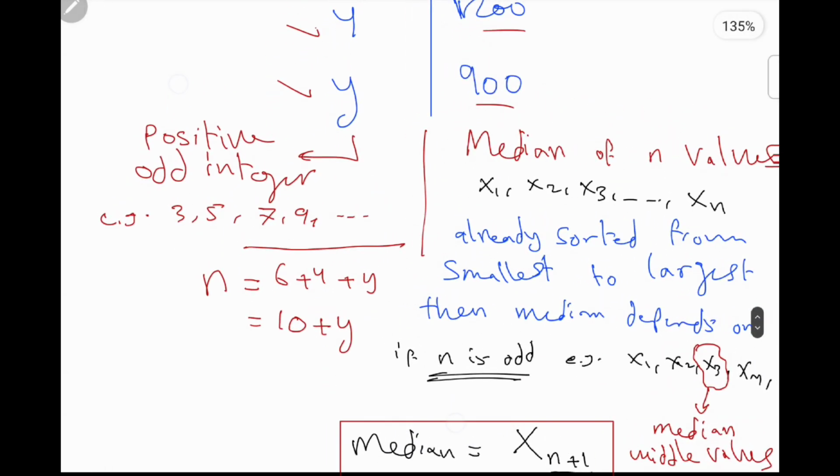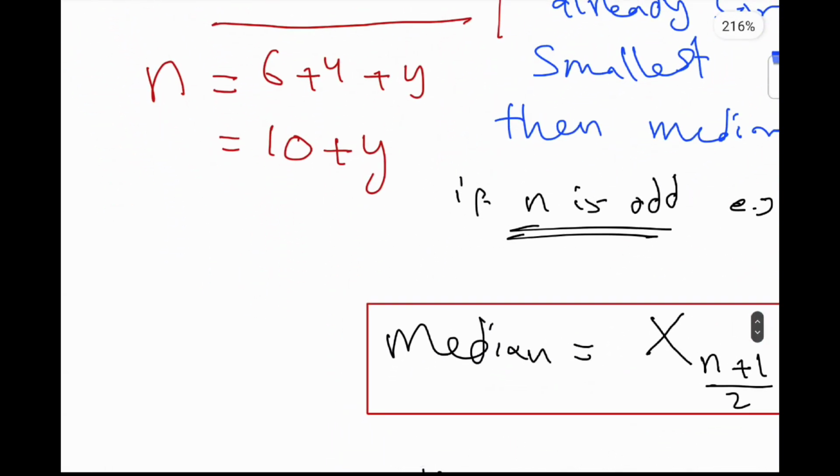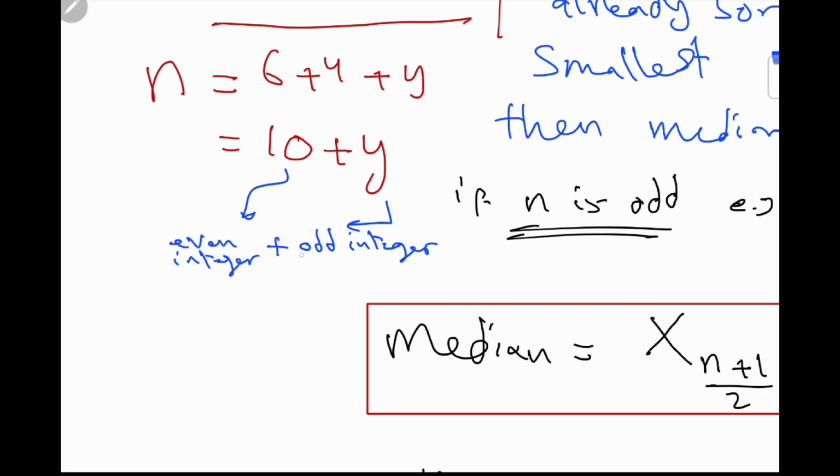Now, it's given in the question that y is an odd integer. Added to 10, which is an even integer, and we know from arithmetic that if you add an even integer to an odd integer, the resulting value is an odd integer.